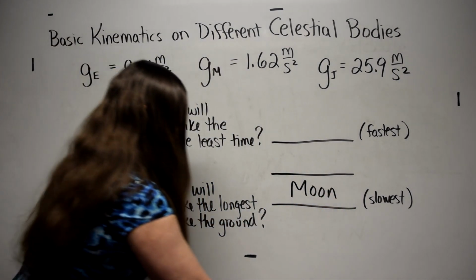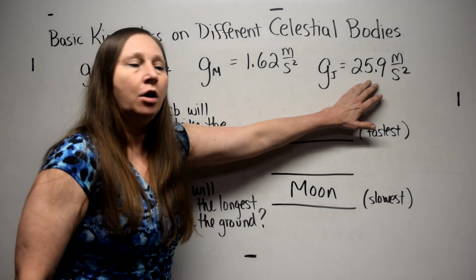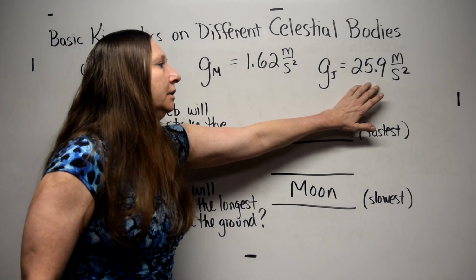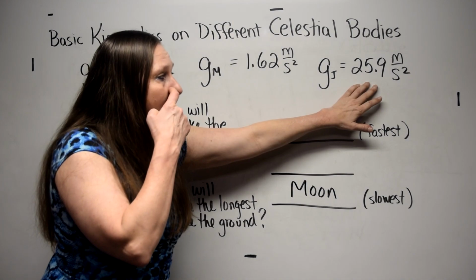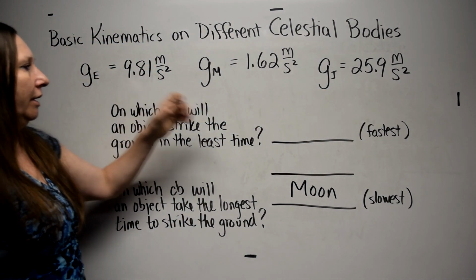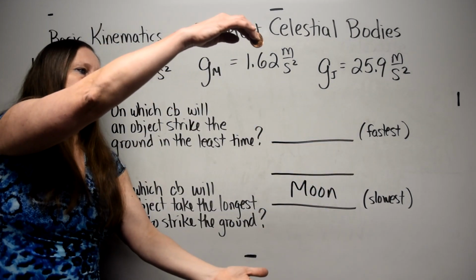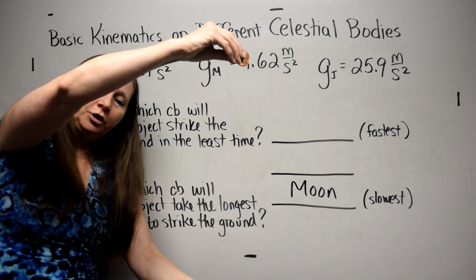All right, now, what about Jupiter? Jupiter has a much stronger gravitational field. Objects will experience a much faster acceleration due to gravity than on the Earth. So on Jupiter, because Jupiter is going to pull it down much, much faster, it's going to be something like, woo!